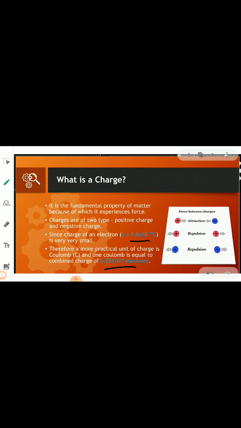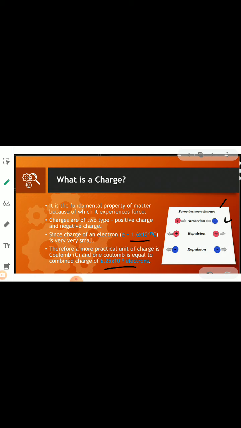Now let us see in this picture the force between charges. So what kind of forces are present? You can see here the first is a positive charge and a negative charge. In between a positive charge and a negative charge, there is a force of attraction. So the force between two unlike charges is an attractive force.